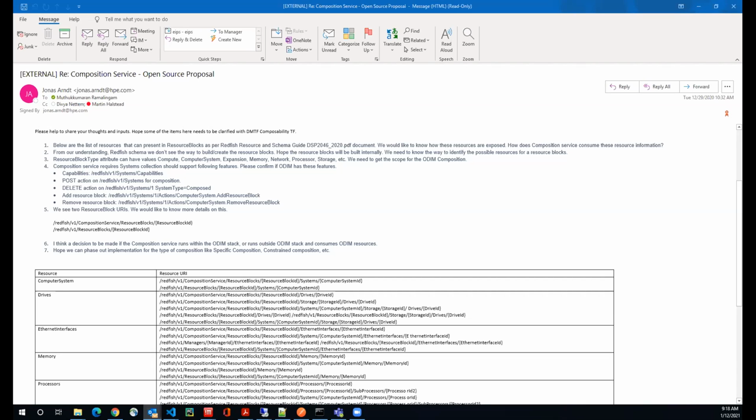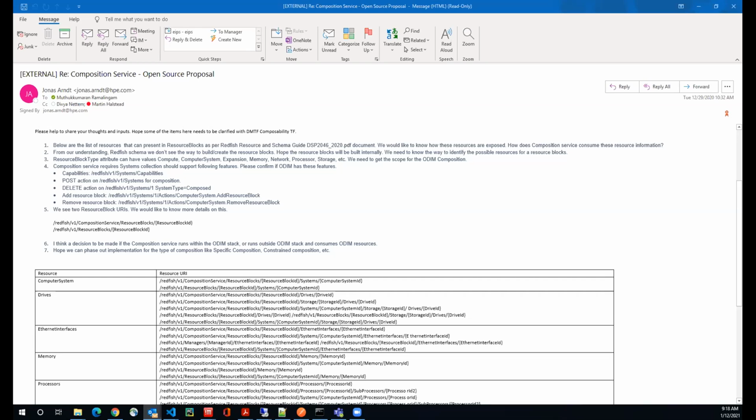But I don't think ODIM should be able to take that without the composition service being there, because a POST on the collection doesn't mean anything outside the composition service, right? I think what Muthu is referring to is how this flow would look once the composition service is in place.